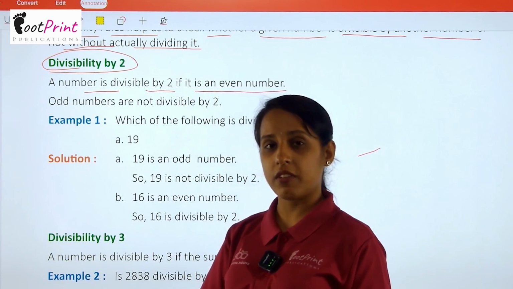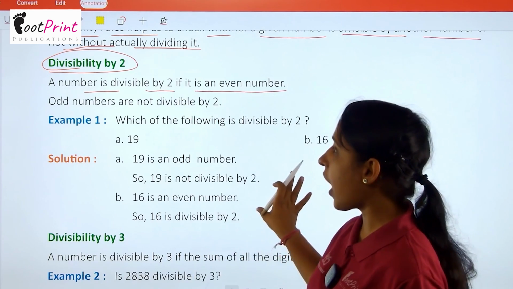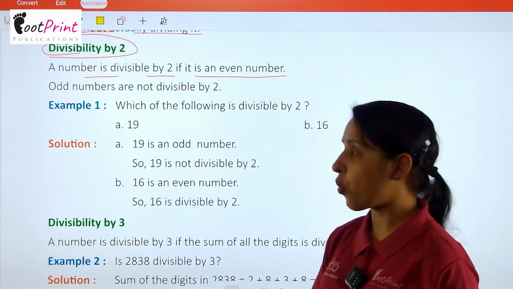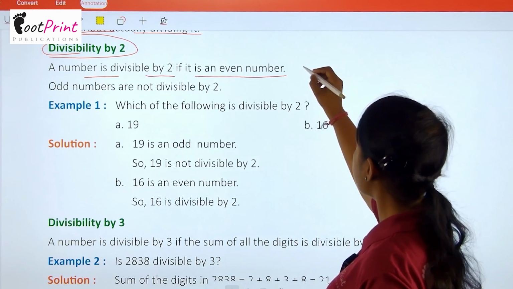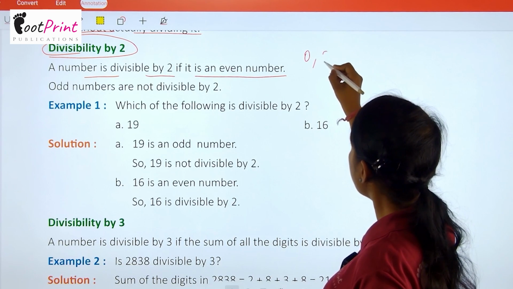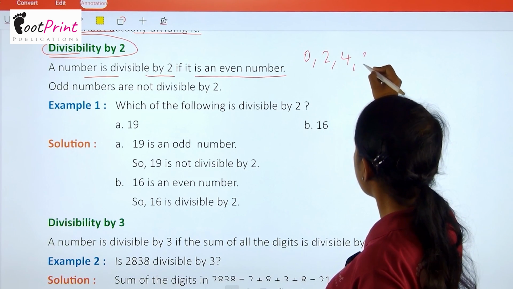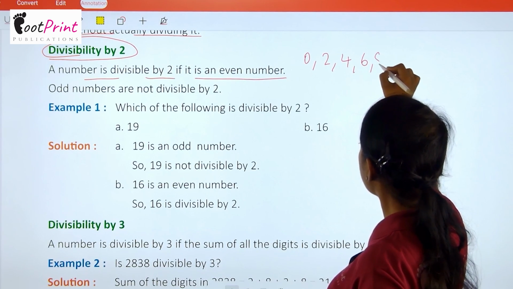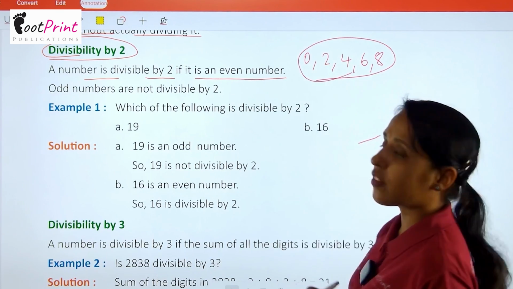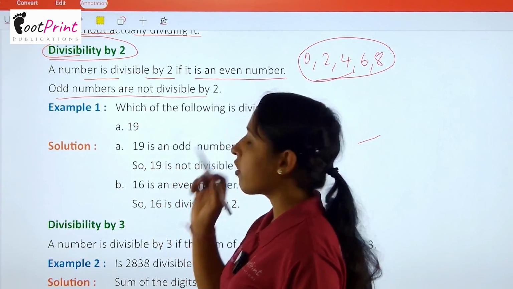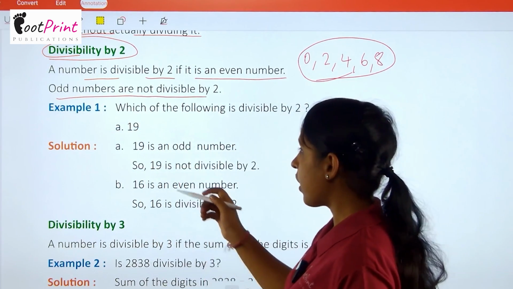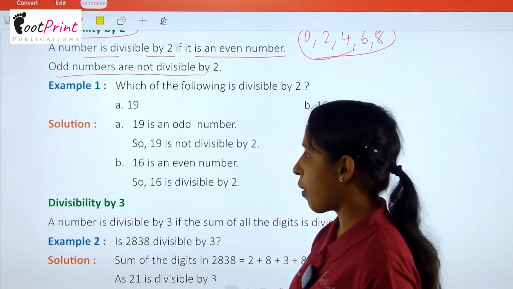If a number is an even number, it means we can say that it is divisible by 2, or we can say that if a number has last digit 2, 4, 6 and 8, then it is divisible by 2. And odd numbers are not divisible by 2. Okay, so let's solve the example.